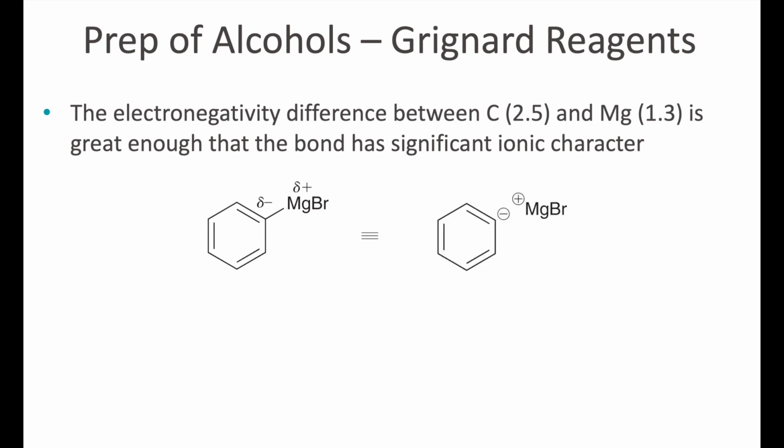So we can represent the Grignard reagent with a negative charge on the carbon connected to the magnesium, like so. Since it has this full negative charge on the carbon, this carbon will act like a carbanion, a negative carbon, so much so that it will act like a strong nucleophile or a strong base.